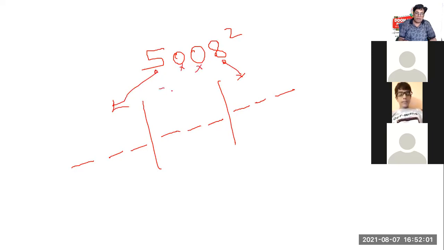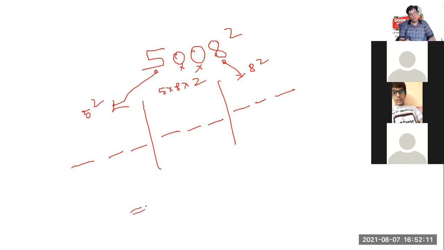In the middle, 5 into 8 into 2. 8 square here, 5 square here. What will be the answer? Tell me, my friends, tell me. Type your answer there very fast.